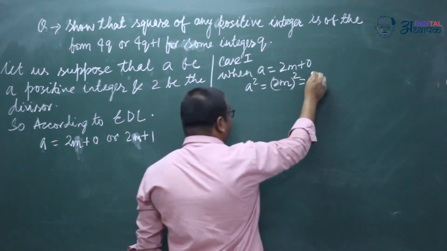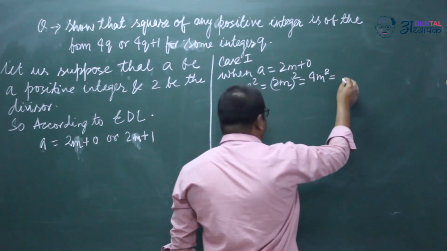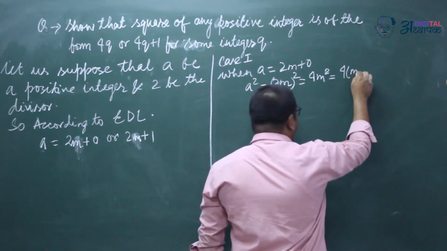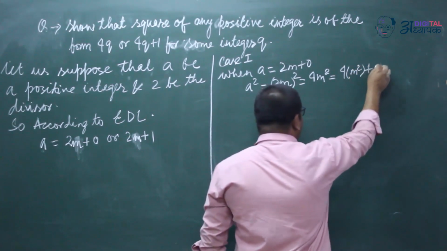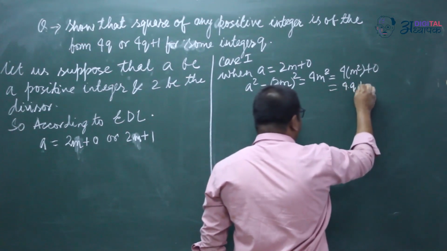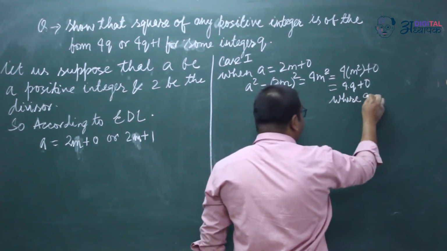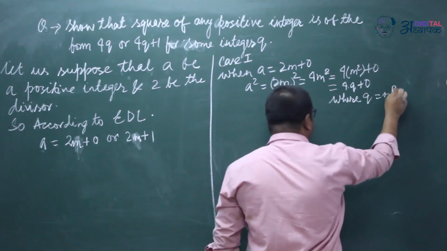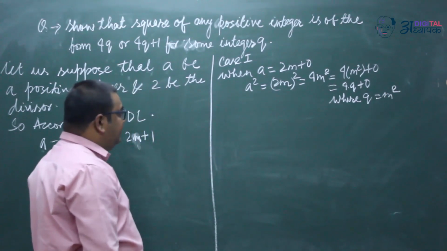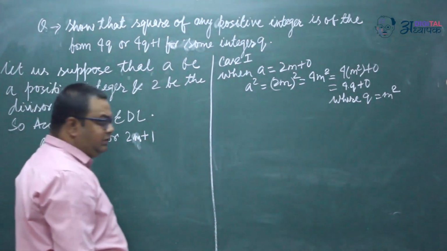So it becomes 4m square, which can be written in the form 4 into m square plus 0, that is 4q plus 0, where q is equal to m square. That is an integer. So we have got our first case, and the expression is in the form 4q plus 0 or 4q.